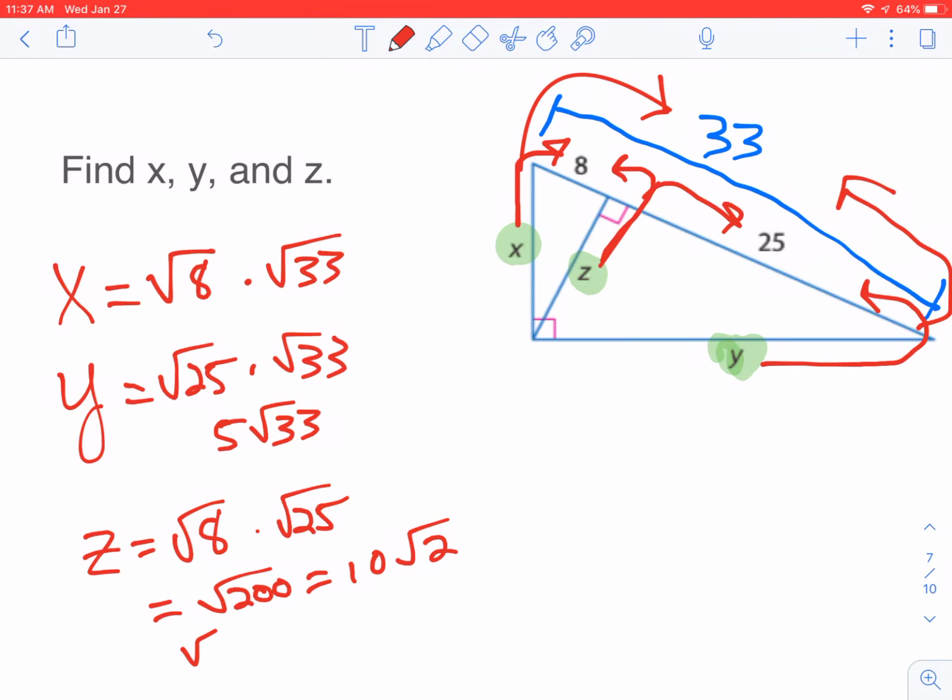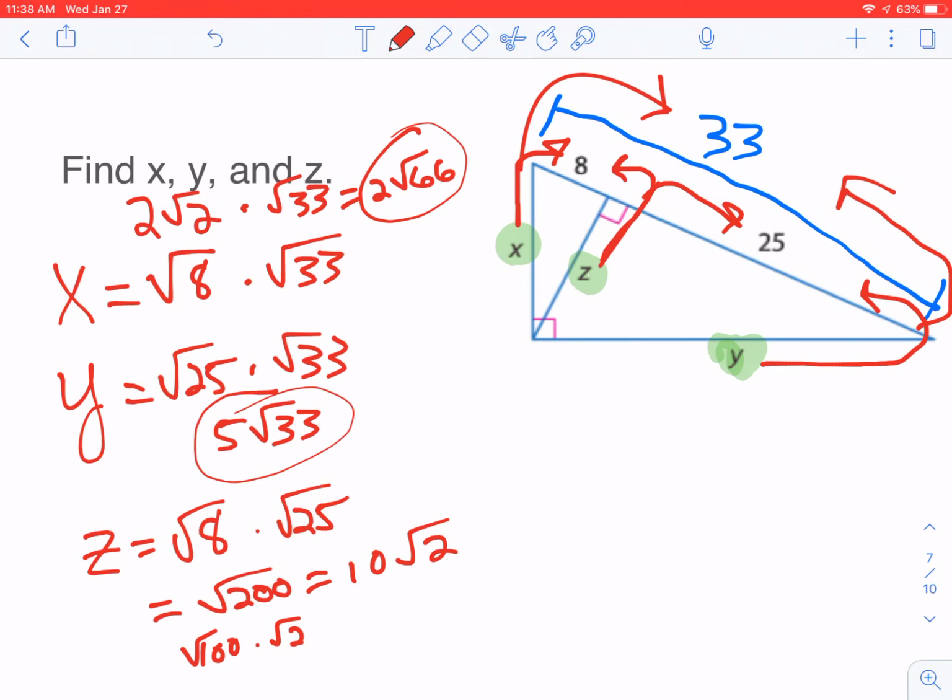What I did was I took the square root of 100 times the square root of 2. Up here, what we're going to get is 8 is 2 root 2 times root 33, which equals 2 root 66. And so I get my 3 lengths here. I'm not going to use decimals, and I'm going to simplify.